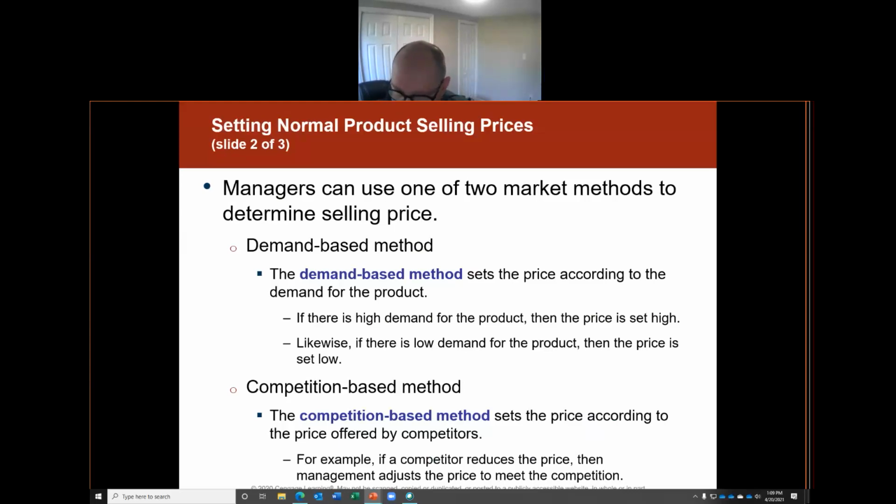I have no idea. I don't keep track anymore. So the iPhone 50 or whatever number we're at, the newest one, I set my price high. Why? Demand is high for it. A lot of people want it. Set the price high.